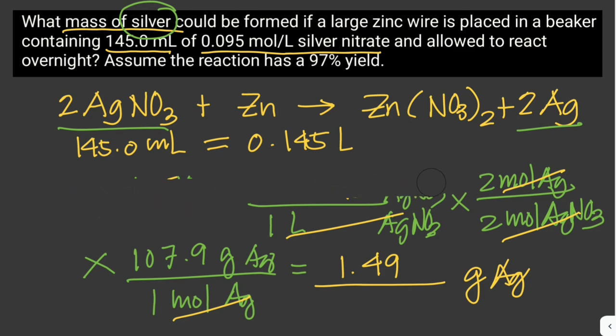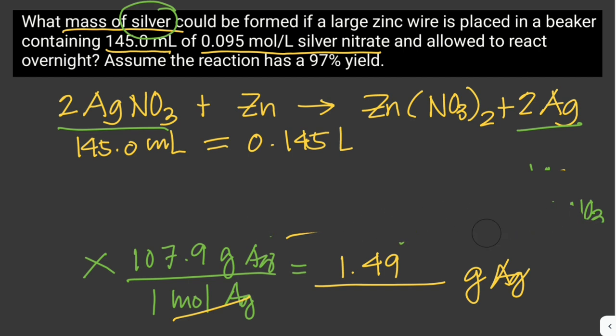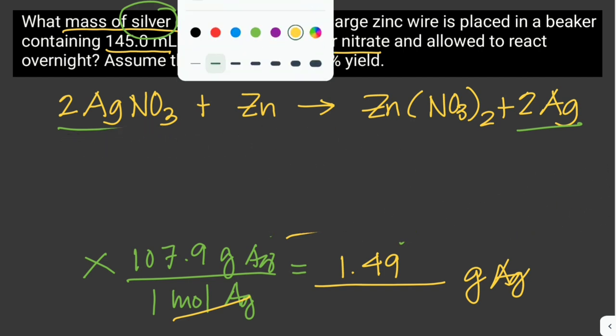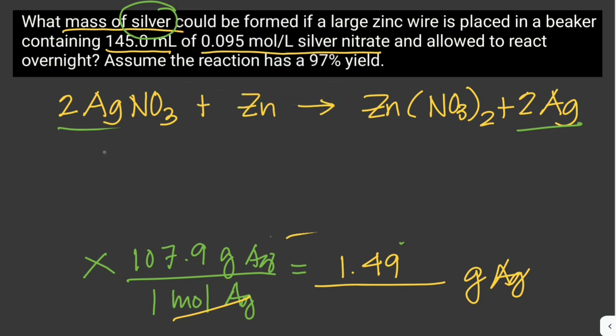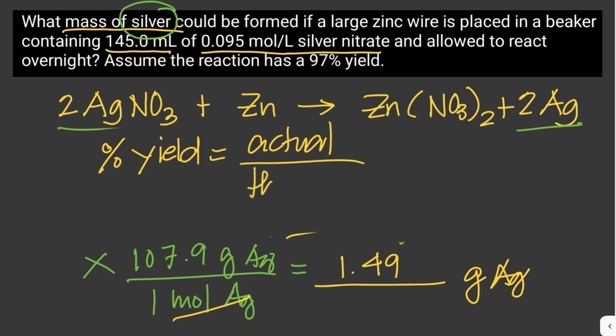And then we're given the percent yield, which is 97%. We use that to find the actual yield. So percent yield equals the actual over the theoretical times 100%.